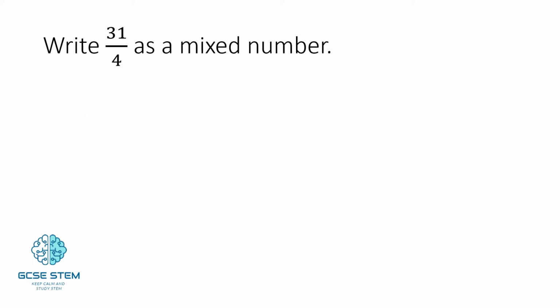Next question. Write 31 over 4 as a mixed number. Well, the first step, as I gave you a hint last time on how to answer this question, is to do 31 divided by 4. Now 31 can't divide by 4. The next closest number 31 can divide by 4 is 28.